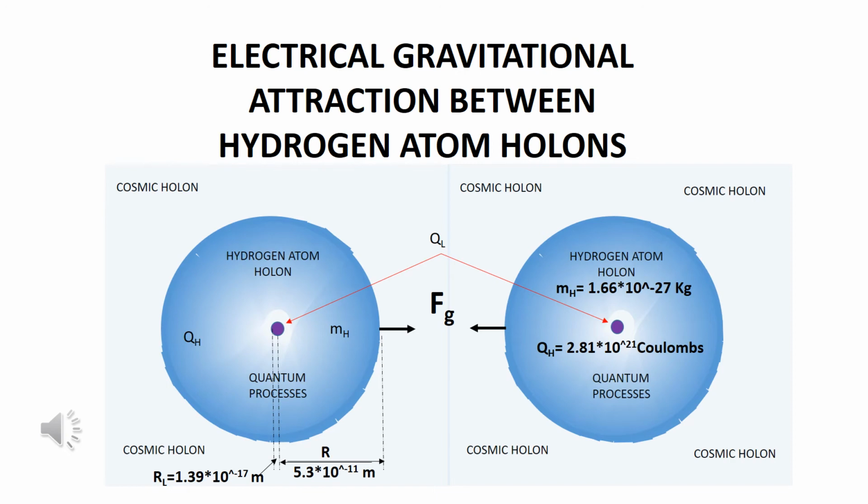We've only considered losses of quantum charges from the two hydrogen atom holons. We have not taken into account quantum charges gained by these holons from losses from other surrounding holons. So even though we have an electromagnetic mechanism for calculating gravitational forces, it seems we do not have the required data. But there is a way of solving this problem.